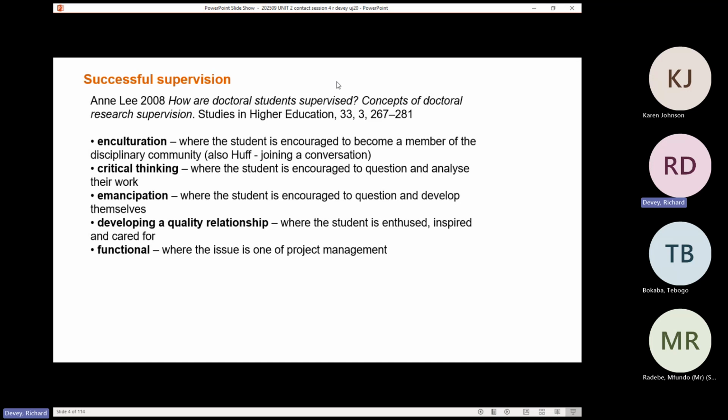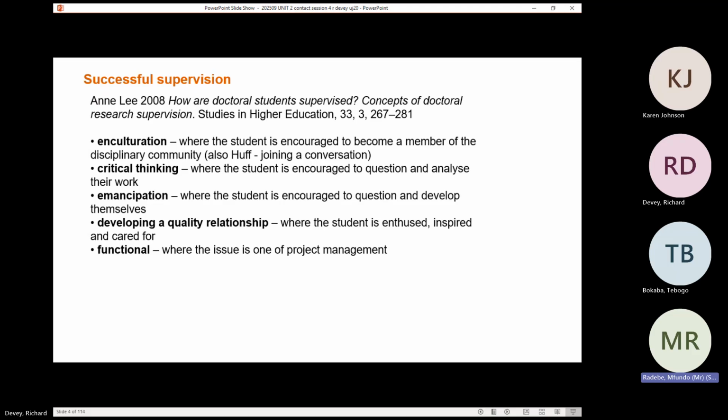Yes, Mfundo. I was saying, Doc, I think we also covered this in our academic literacies, where we looked at Anne Lee's 2008, 2015, and 2018 papers.